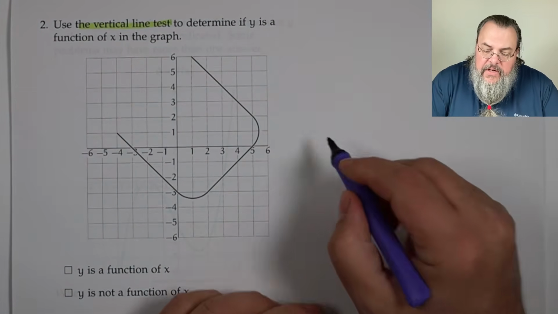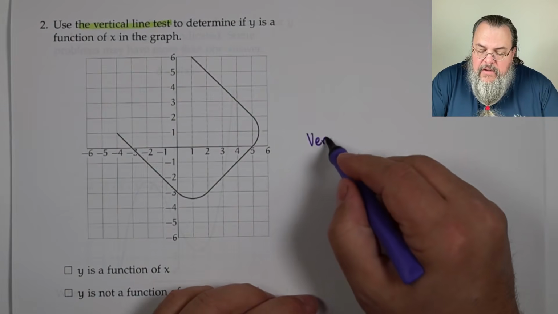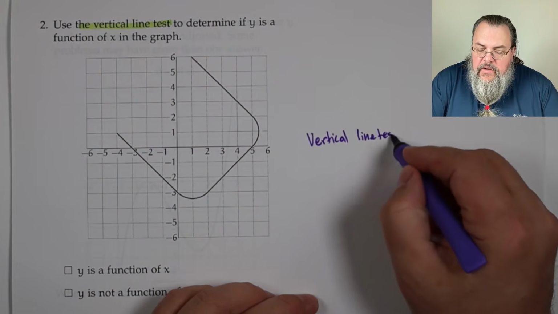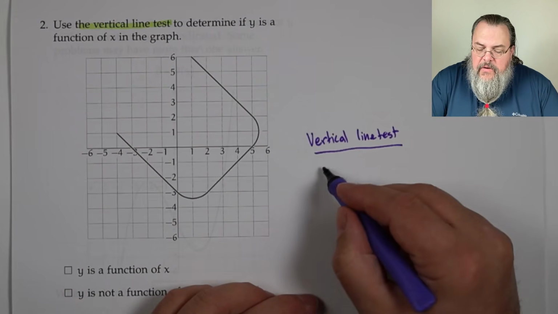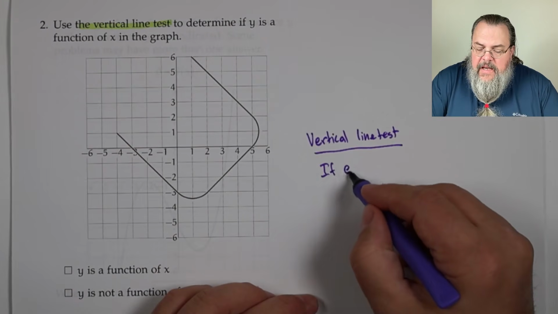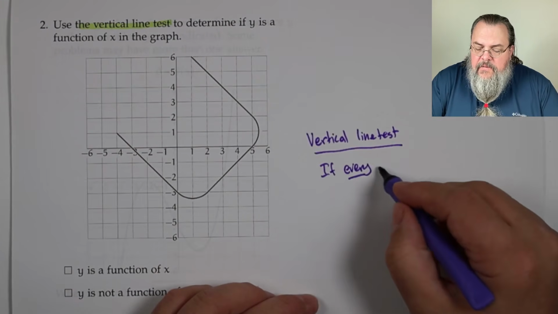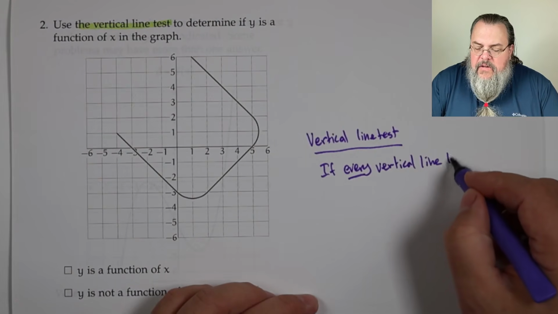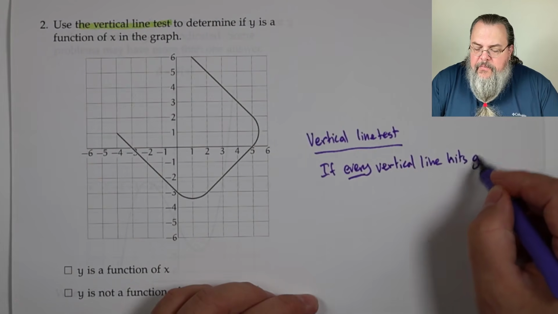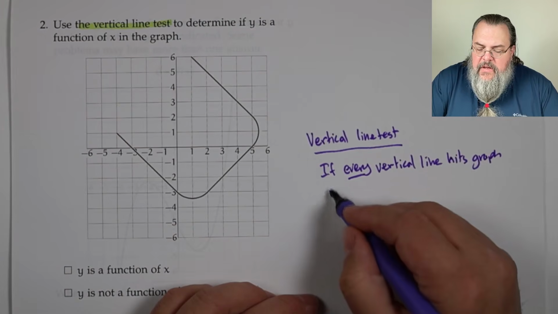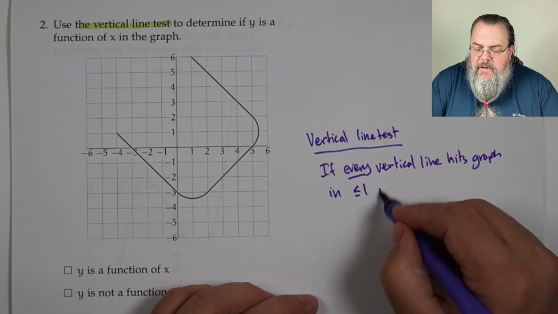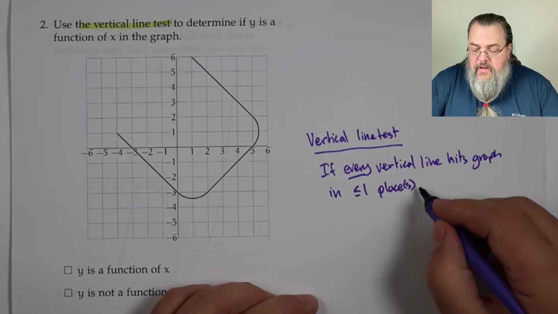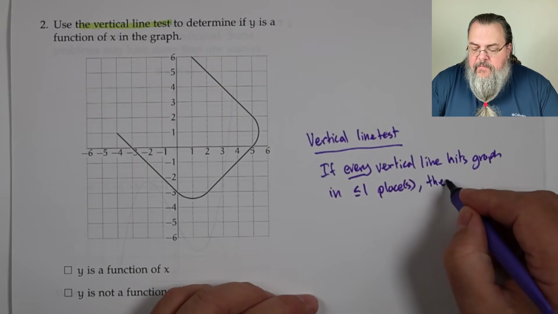So the vertical line test can be phrased in 2 ways. The first thing is to say, when do you have a function? If every vertical line hits your graph in less than or equal to one place, then y is a function of x.